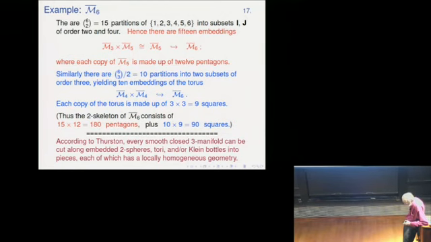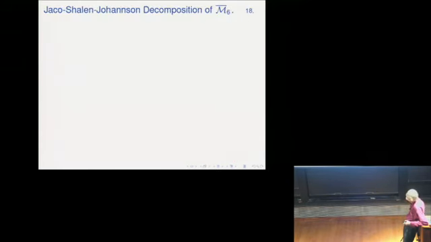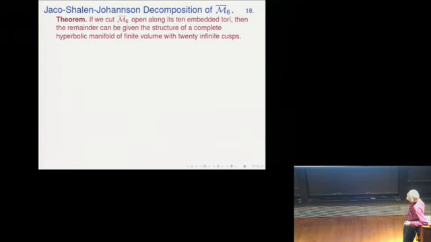How does it apply? Well, we already have 10 tori in M6, and they play a key role. So the theorem: if we cut M6 open along its 10 embedded tori, the remainder can be given the structure of a complete hyperbolic manifold of finite volume with 20 infinite cusps.